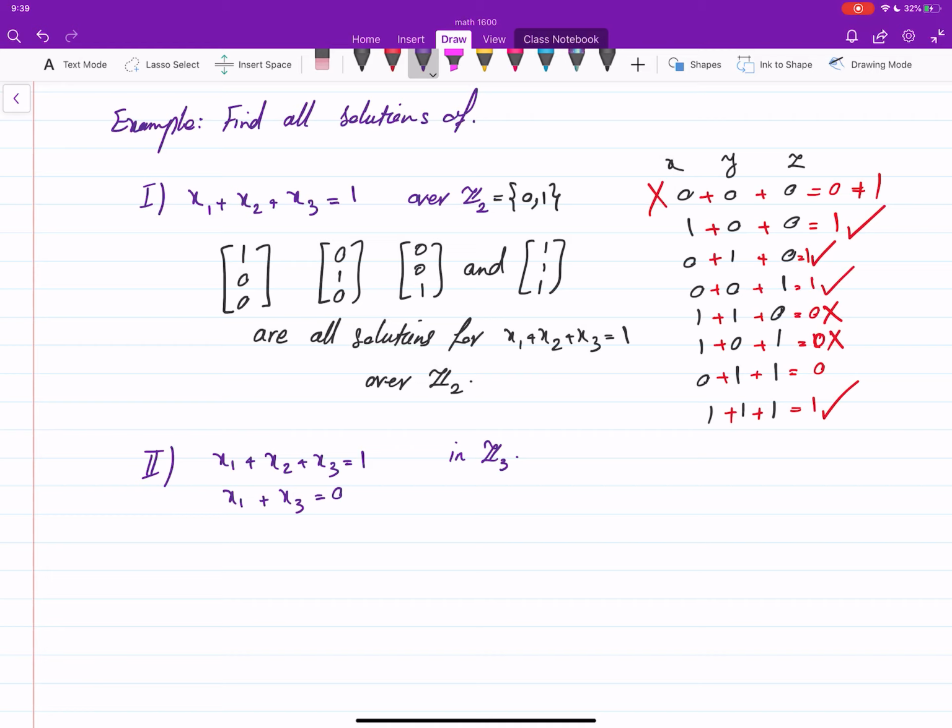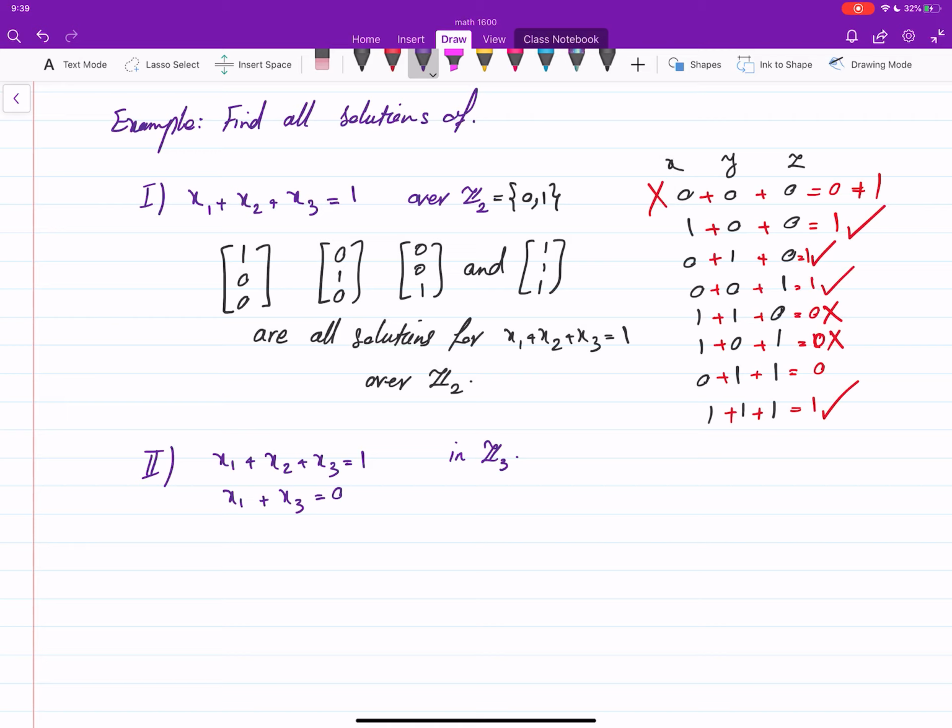This means we have 3 possibilities for x1, 3 for x2, 3 for x3. There are in total 27 possibilities. You can plug in one by one and check all of them.